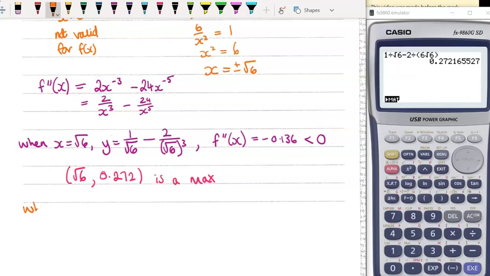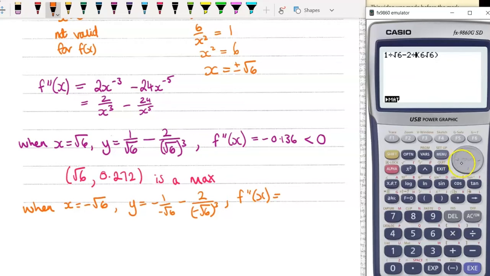So when x is minus root 6, y equals 1 over minus root 6 minus 2 over minus root 6 cubed, and f double dash of x is to go back into what we just had here, and oh no, we'll need to start again.